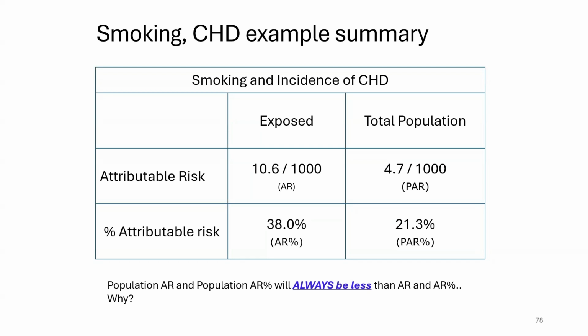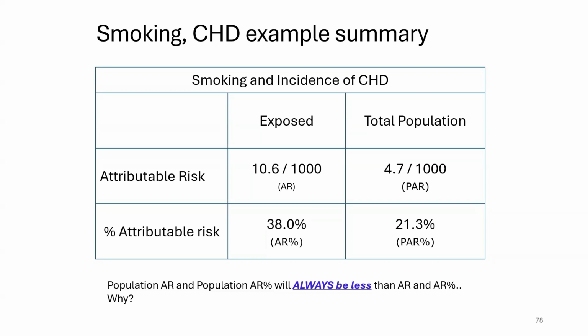So we know that because population attributable risk will always be somewhere between risk in the exposed and risk between the exposed and the unexposed, we know that attributable risk or population attributable risk will always be less than attributable risk and the attributable risk percent because it's a weighted average that includes consideration of the unexposed group.